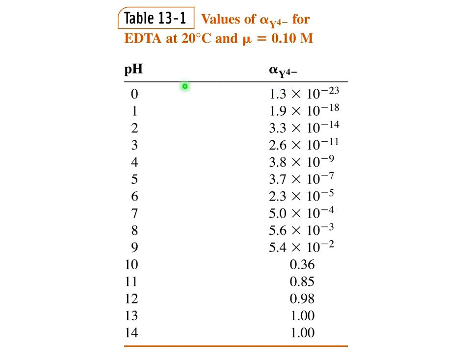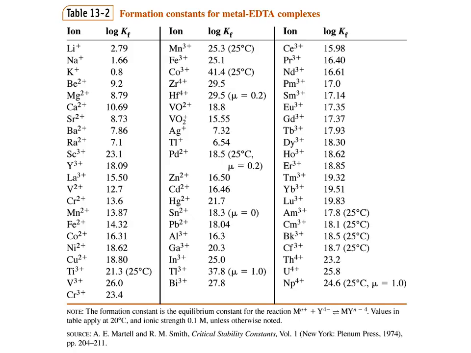At pH 0, in 1 molar solution, out of 1 mole, only 2 or 3 molecules will be dissociated. This table is useful if you need to do any calculations, because everything is calculated for you.